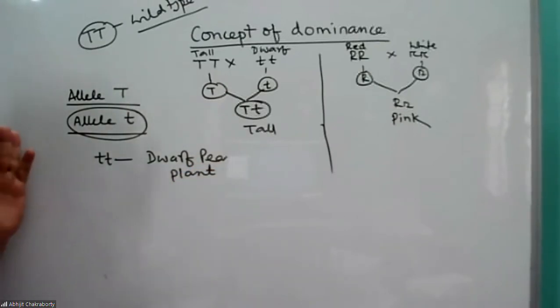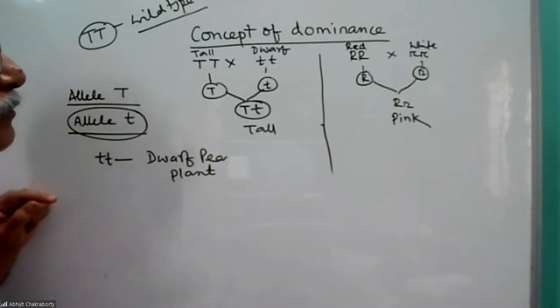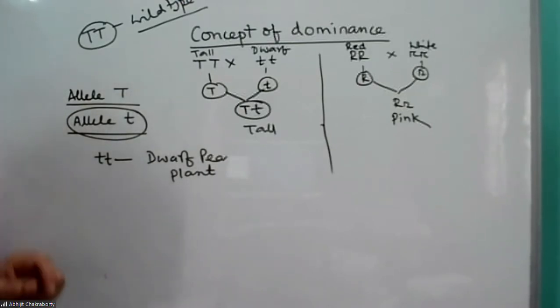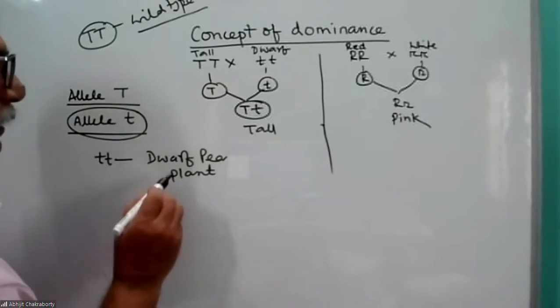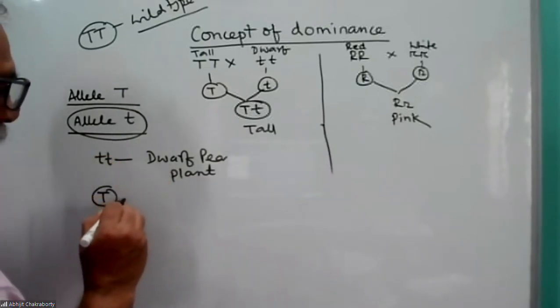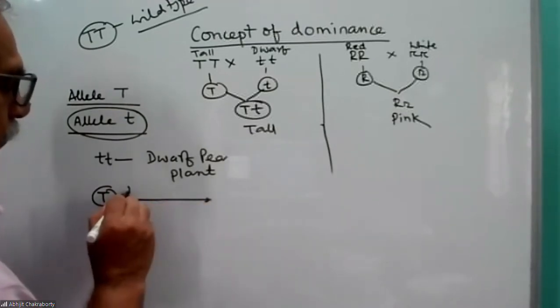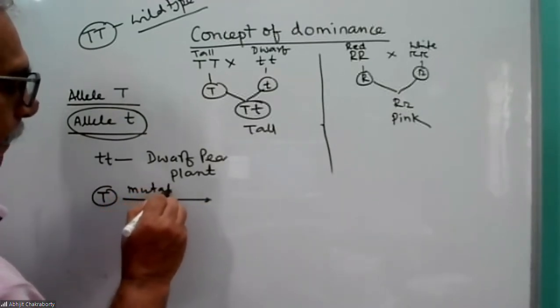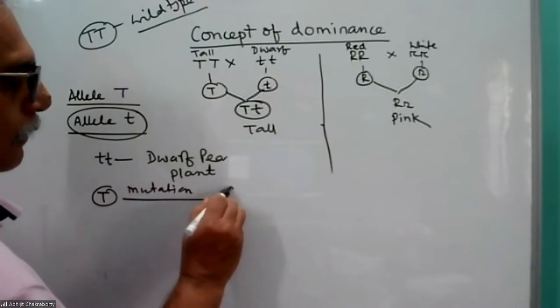Now, what is happening here is the mutant type allele. Here we can write capital T, and after mutation, small t.